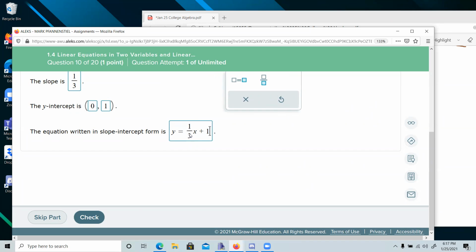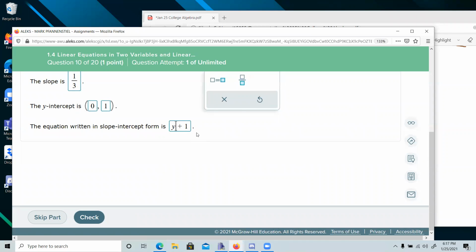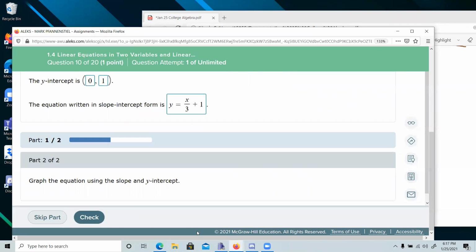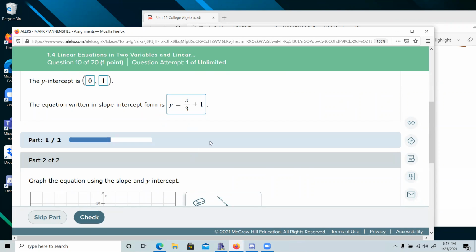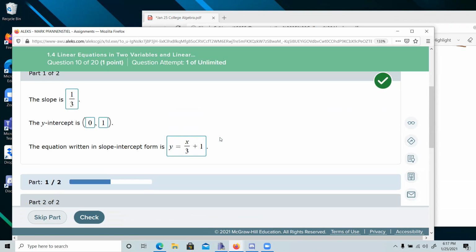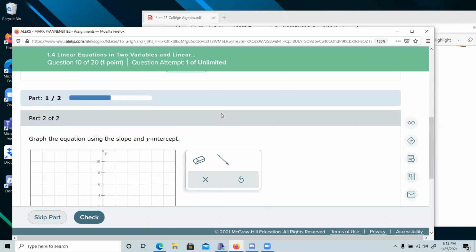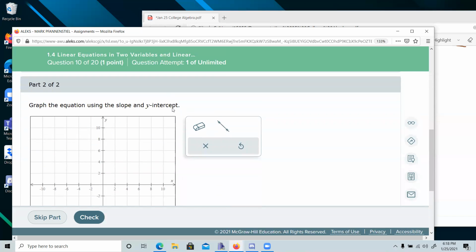I'm kind of, let me check. I wonder if they'll let me do it that way. Let's see if they get mad at me for that or not. Huh, they said it was okay. All right, I guess we don't have to. So it'll work for 1/3 too. That's what they wanted.